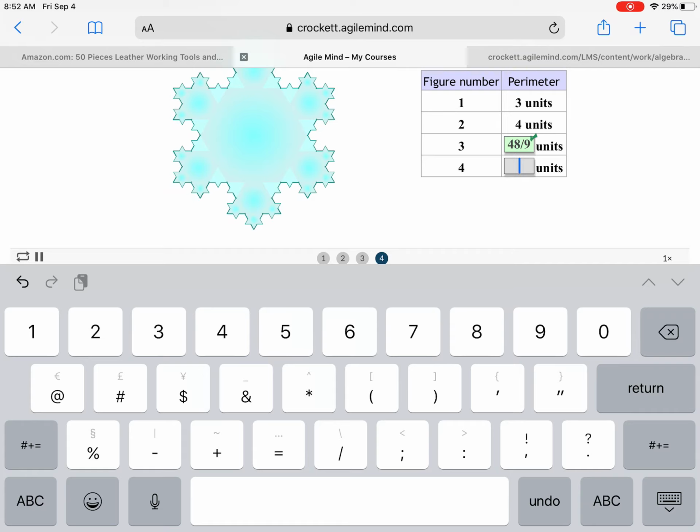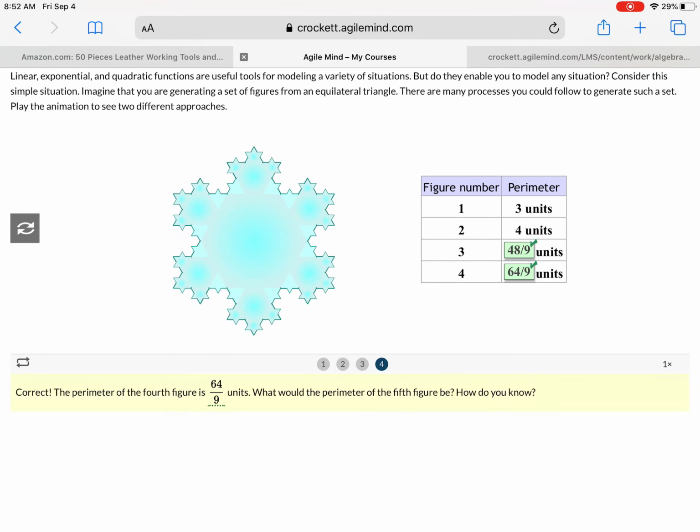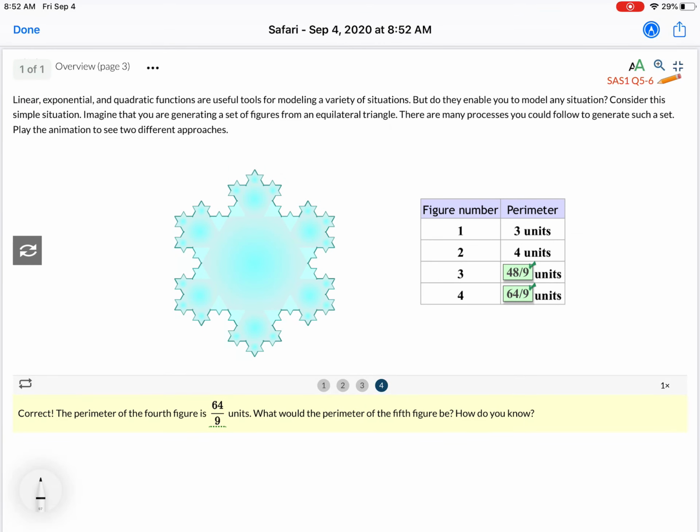It's not going to let me type that in, so we're going to have to simplify. So here I have a 3, then a 12 over 3, then a 48 over 9, and then 192 over 27.